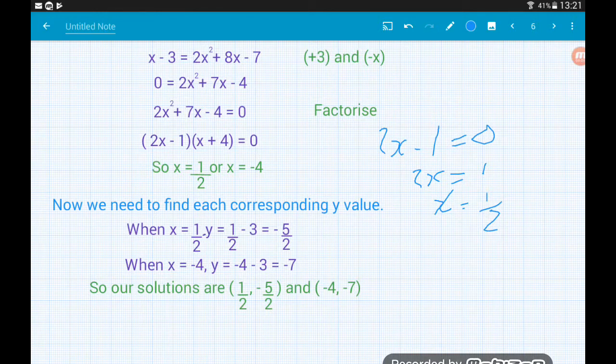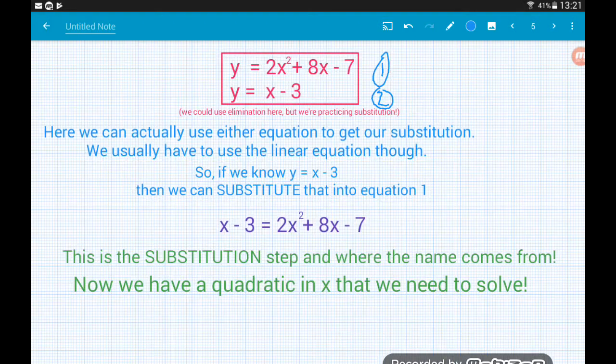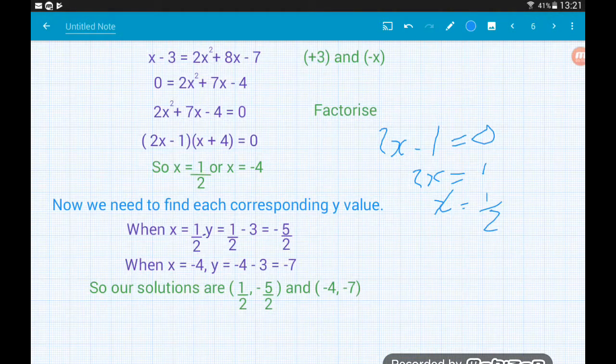We can use either of the two equations. We're going to use equation 2, which remember was y equals x minus 3, with our x values to work out the two y values. So when x equals 1/2, y is equal to 1/2 minus 3, which is minus 5/2.